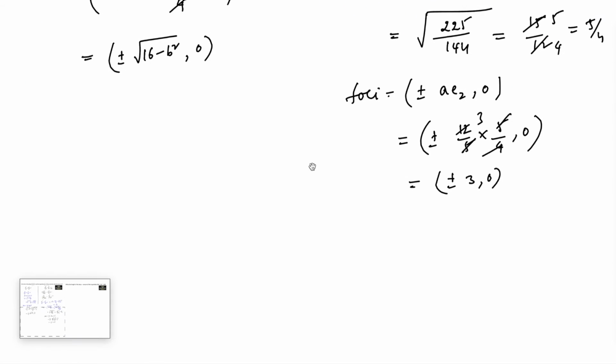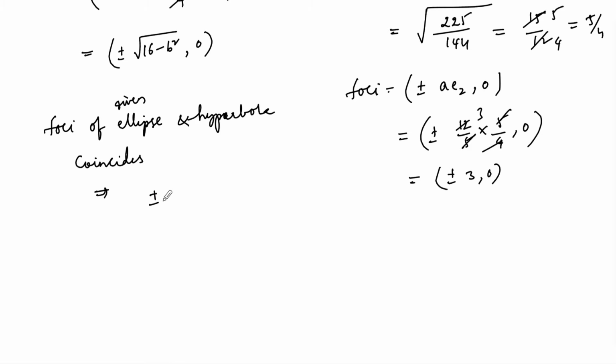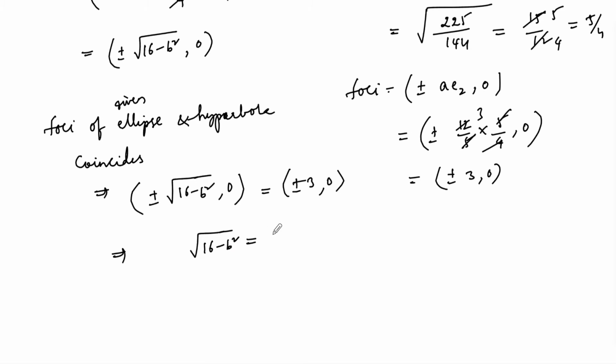Since the foci of the given ellipse and hyperbola coincide, this implies that plus or minus root of 16 minus b square, comma 0, is equal to plus or minus 3, comma 0, that is root over 16 minus b square is equal to 3.